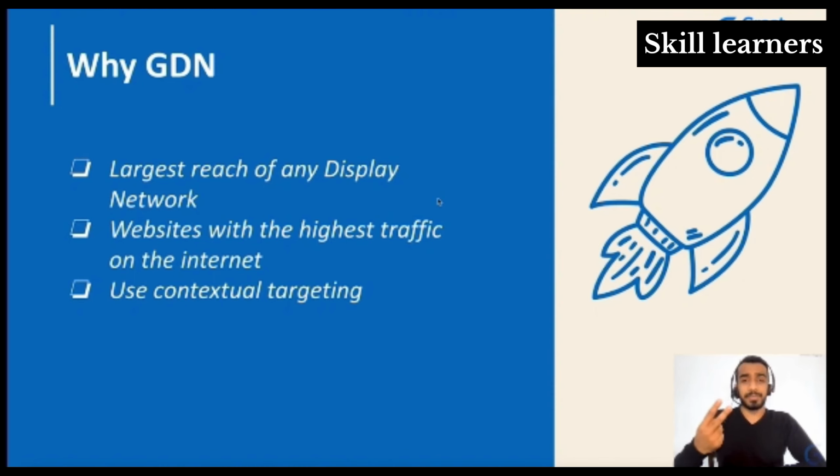The second reason: Google Display Network has a host of websites, apps and placements that receive the highest traffic. Out of the highest traffic websites that the world receives, Google has access to over 60% of those websites and apps that see the highest traffic every day.